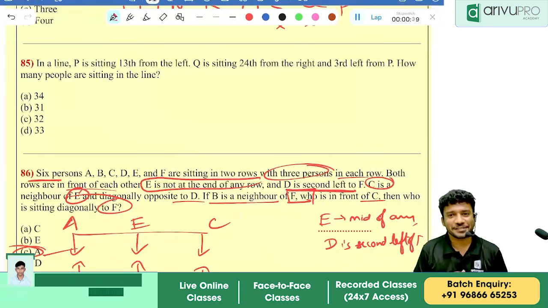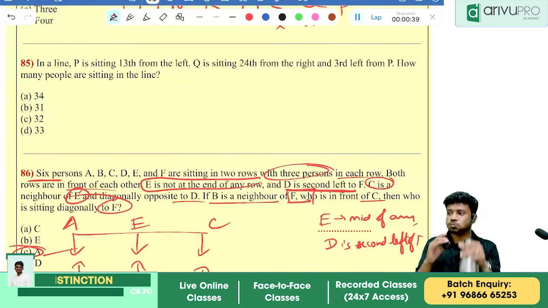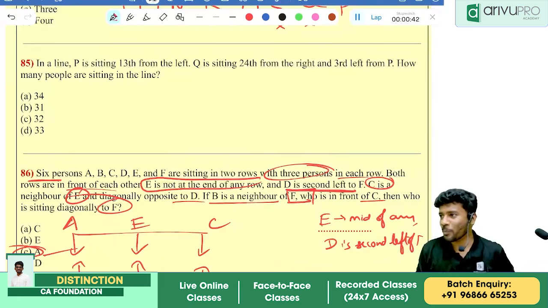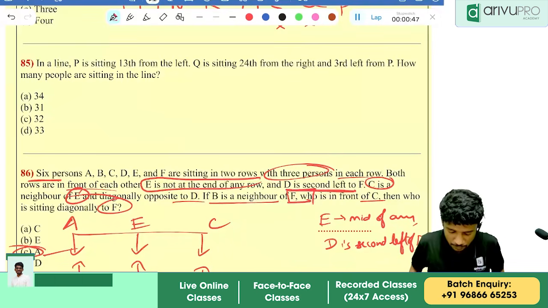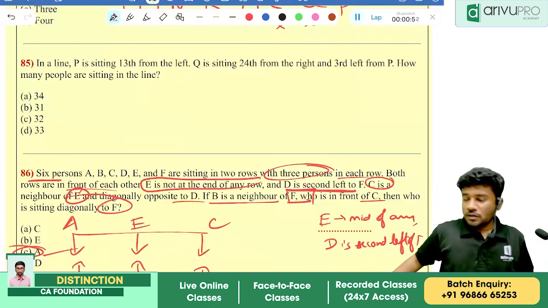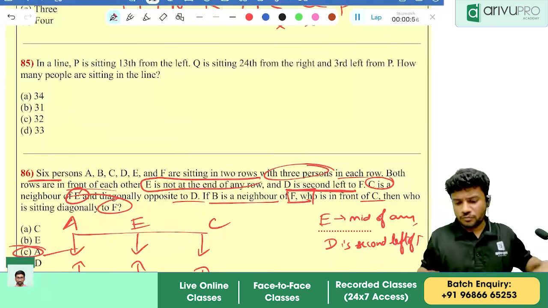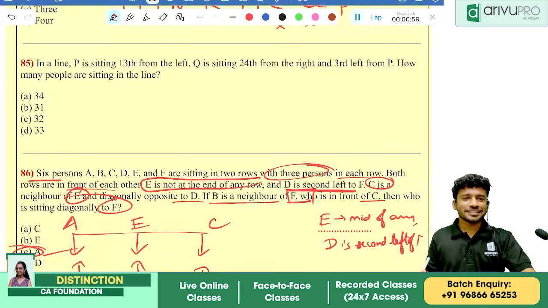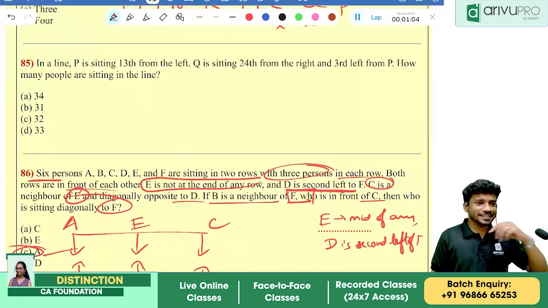Fine. 34? No, we will check. Correct. That is correct.